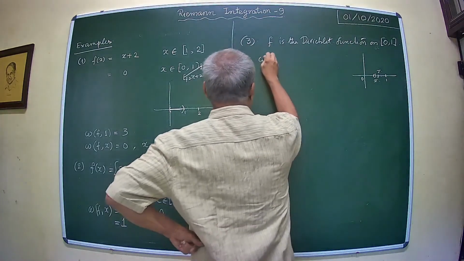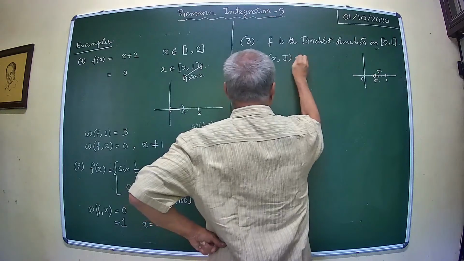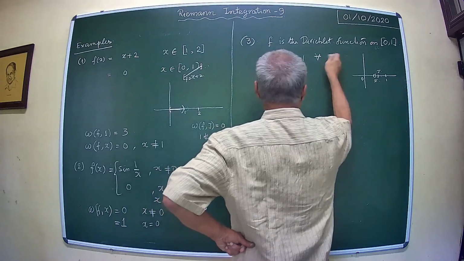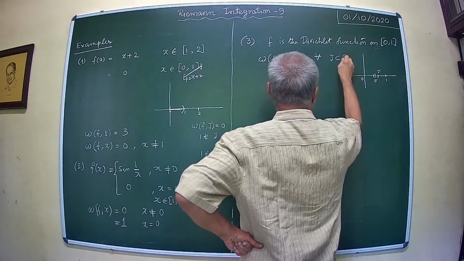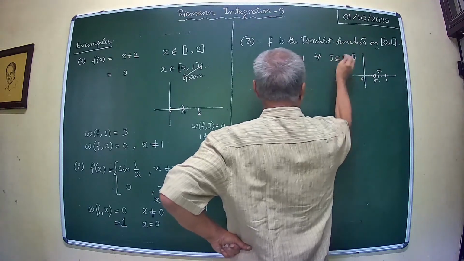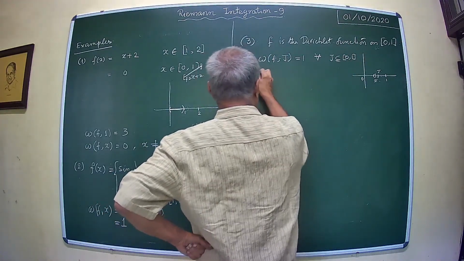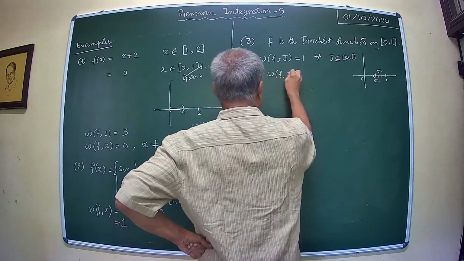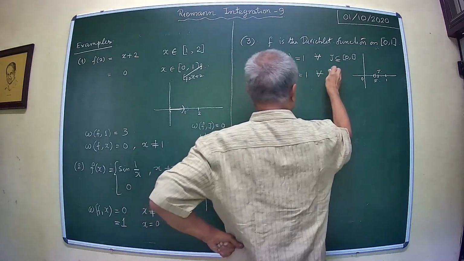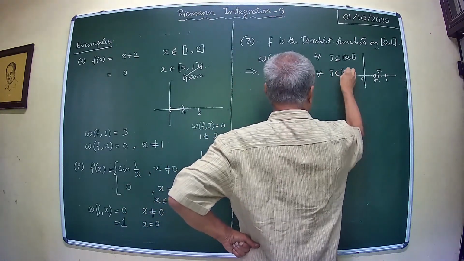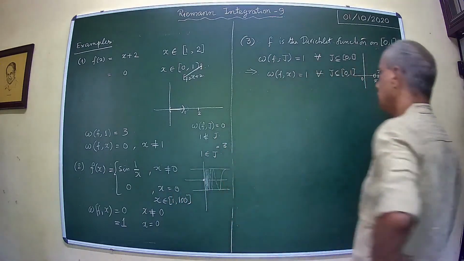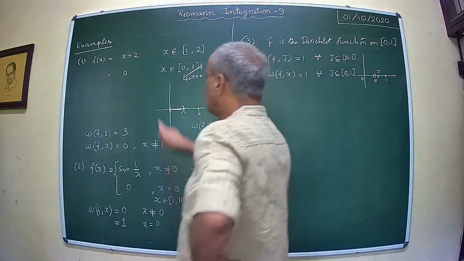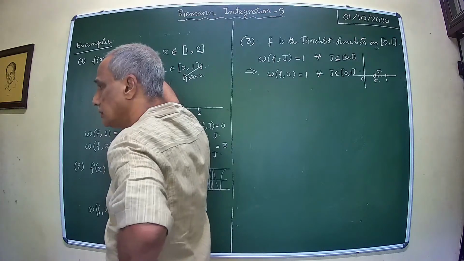So you see that omega is 1 everywhere. Now we also make an observation that this function is Riemann integrable.